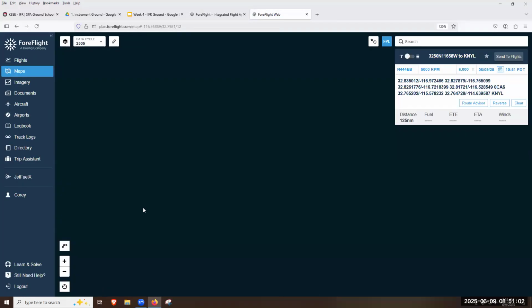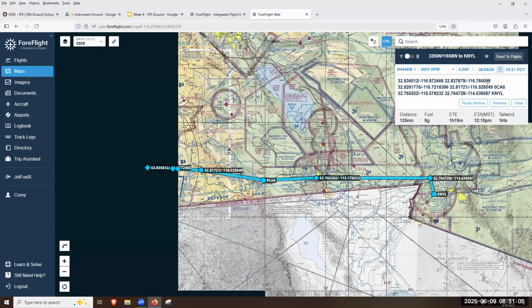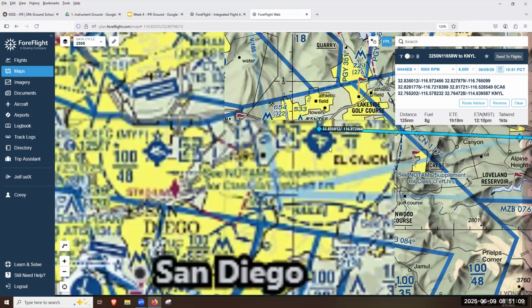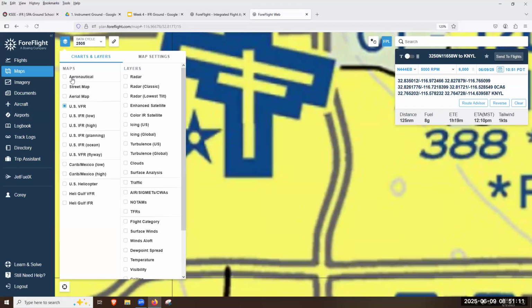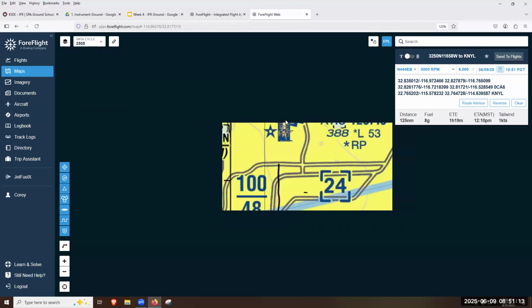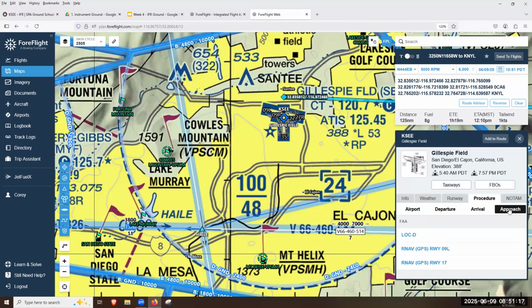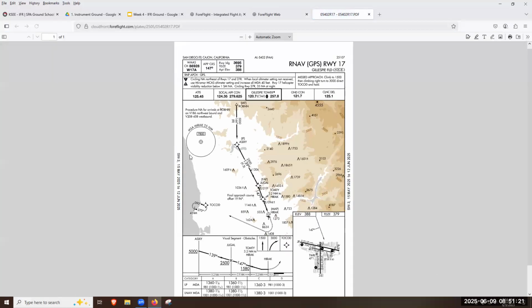Are you looking at the fact that Gillespie's 27 right is an 8 degree? Yeah, I'll show you. So Gillespie, let's start with the RNAV 17. The final approach course is 147.